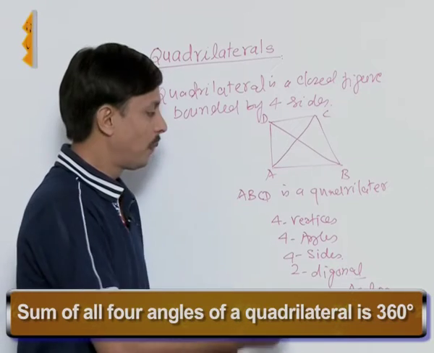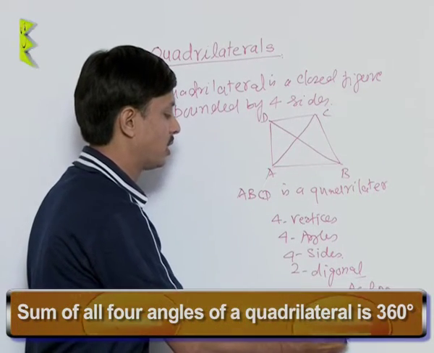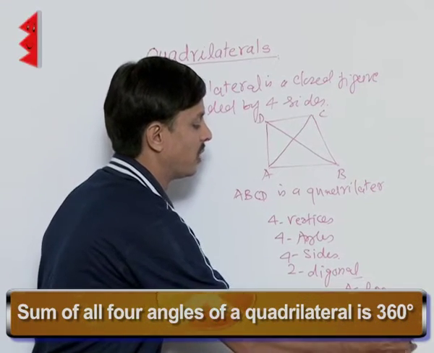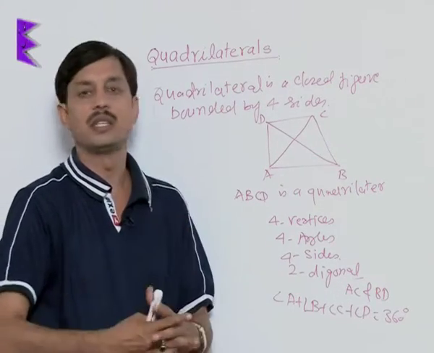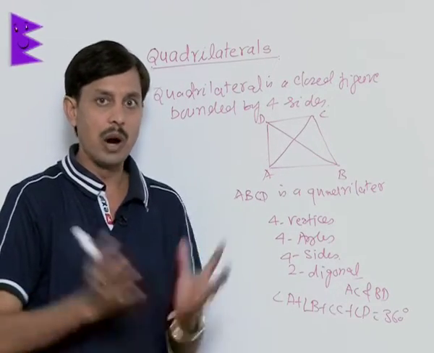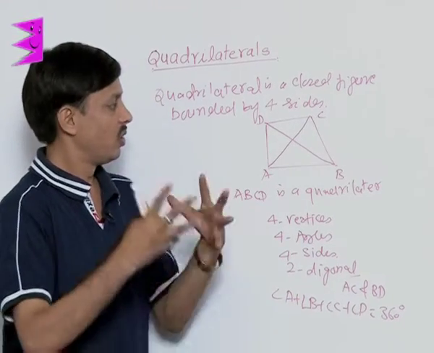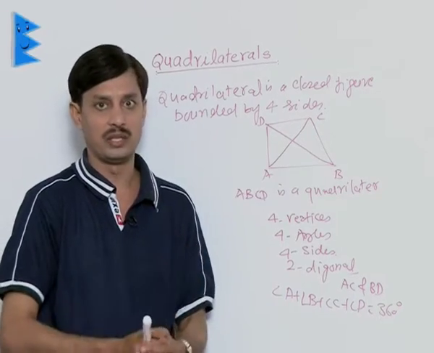The sum of all four angles of the quadrilateral is 360 degrees. That is four right angles. So, a quadrilateral is a closed figure bounded by four sides, having four vertices, four angles, two diagonals.